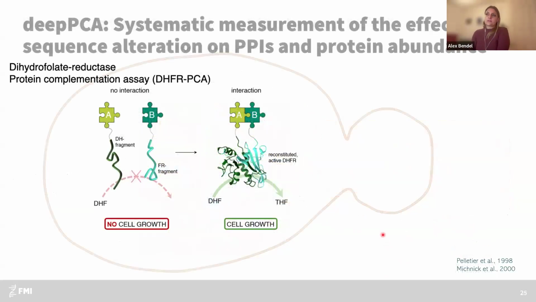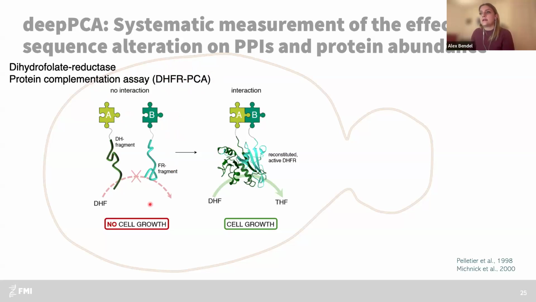The assay that we're using is the same one that Tony just presented, based on the split dihydrofolate reductase, but we use it in a slightly different way to measure protein-protein interaction. So we're using this methotrexate-insensitive DHFR variant that's split in half, and each half is used to tag one of 2 proteins of interest that we want to measure the interaction of.